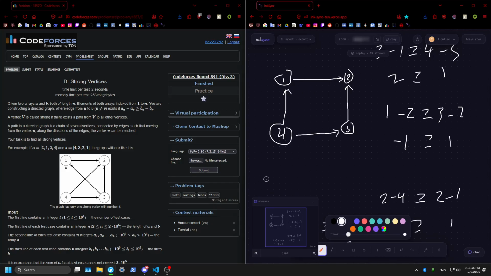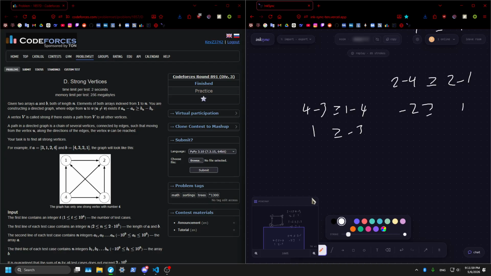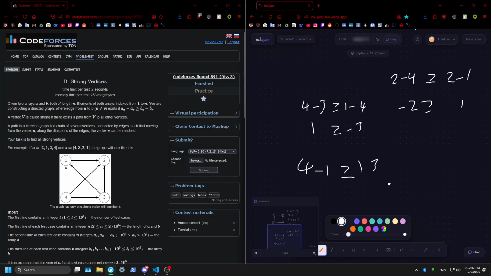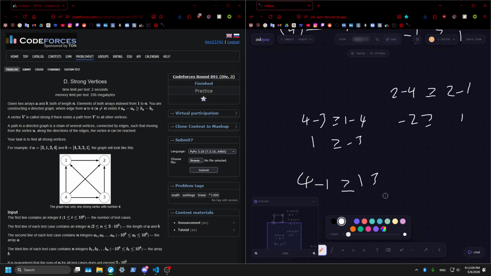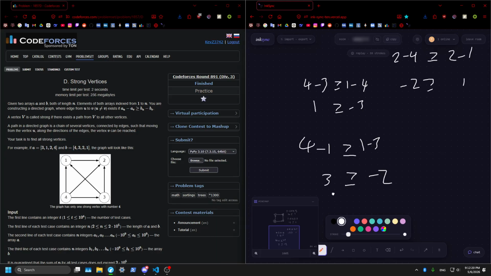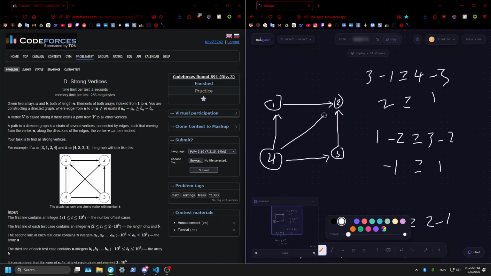And then 4 to 2. 4 minus 1, 1 minus 3 is negative 2. It's true, so 4 to 2 exists.